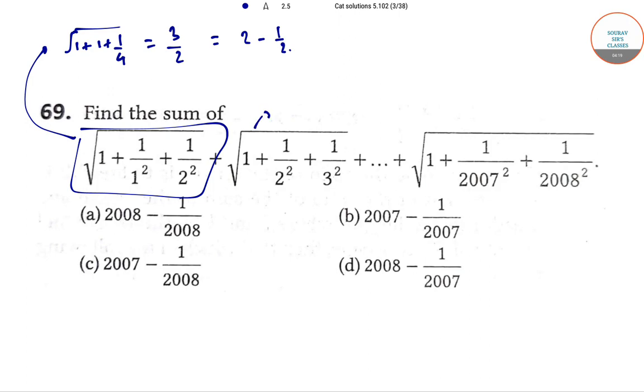And the second term is root over 1 plus 1 by 4 plus 1 by 9.